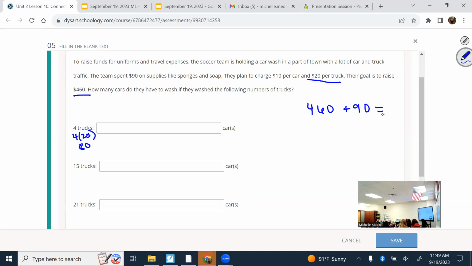I had to try it both ways, without the 90 added, just to see what the question wanted. It wants you to factor in the $90. So 460 plus 90 is 550. Then if they made $80 from washing trucks, I'm going to subtract that from 550. What do you get from subtracting that?